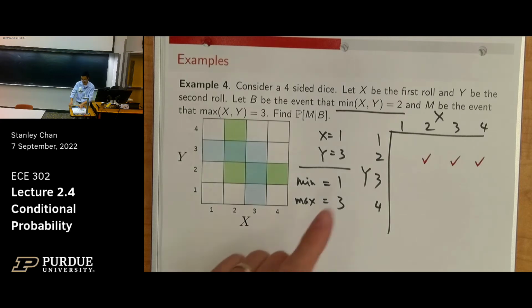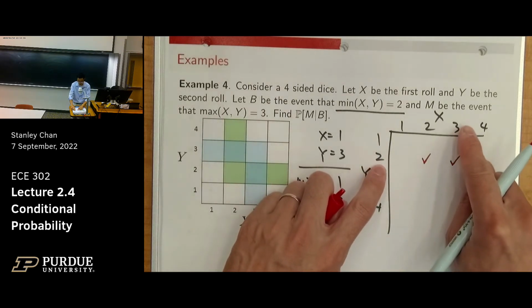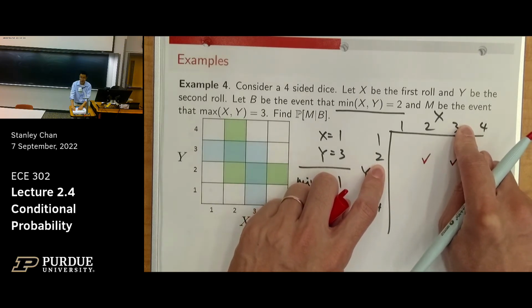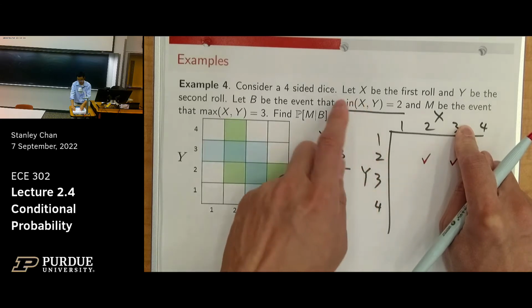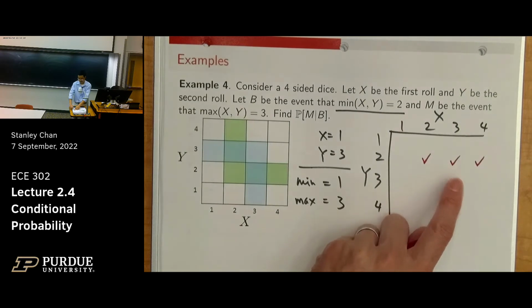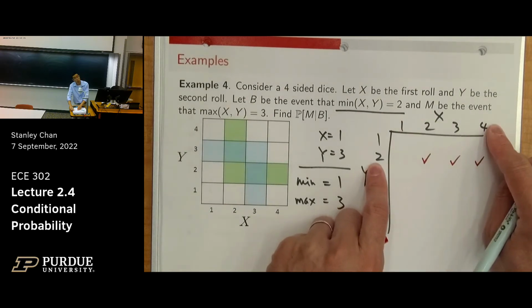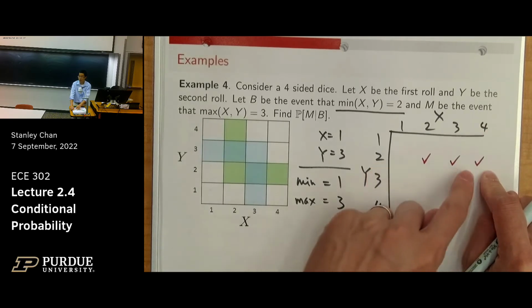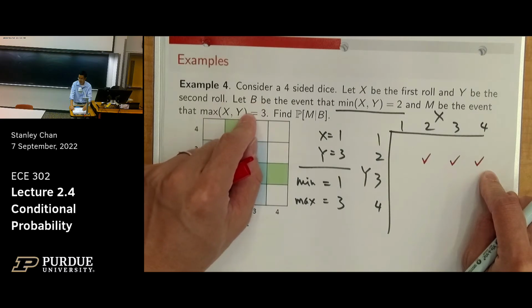So I'm looking at this pair of numbers, 3 and 2. The smaller of 3 and 2 is 2, and 2 will fulfill this B event, so I give a check. This is 4 and 2, and the smaller of 4 and 2 is 2, so I give a check here. That all belongs to this event B.